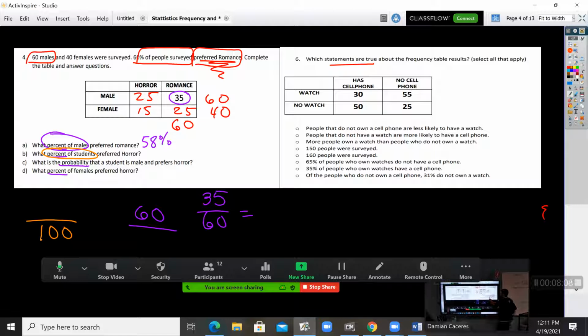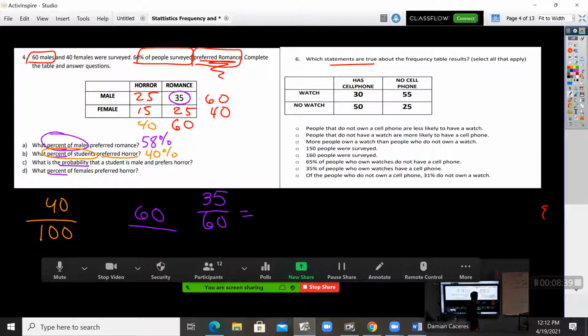Now it says, what percent of those students preferred horror? So we go to the total for horror. The total for horror was 40. 40 divided by 100, 40%. Any questions so far?